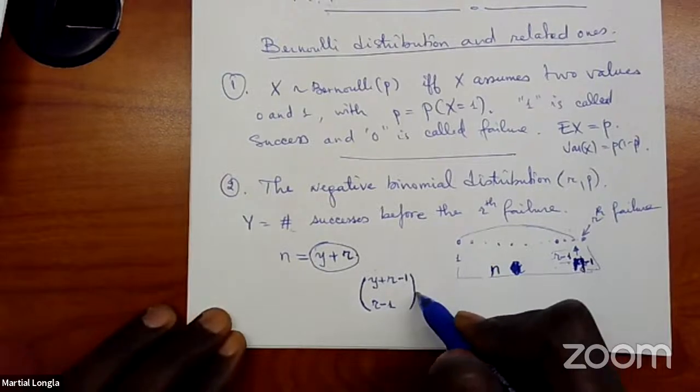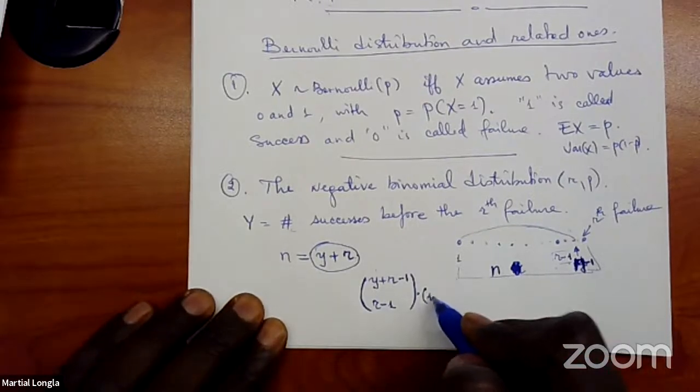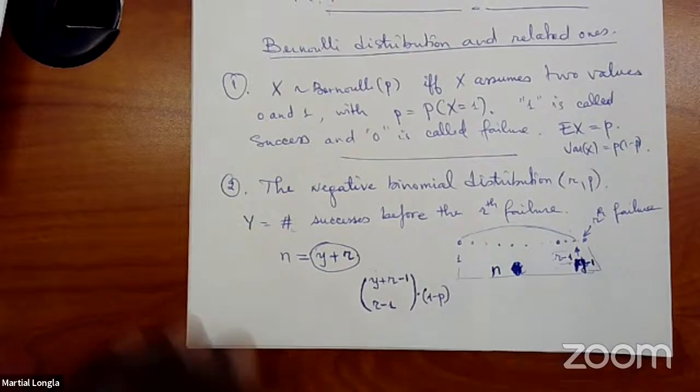And then, because the probability of a failure doesn't change from one experiment to another, they all have the same probability, which is 1 minus P, right? So that is 1 minus P to what power?